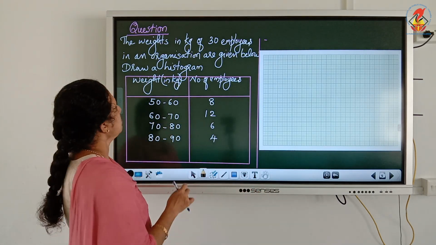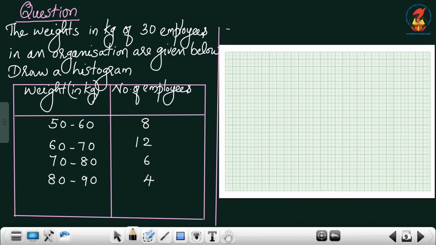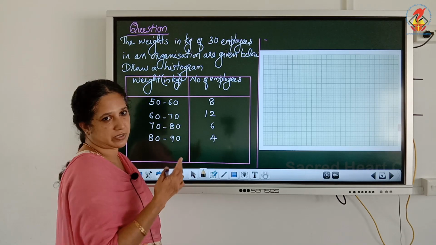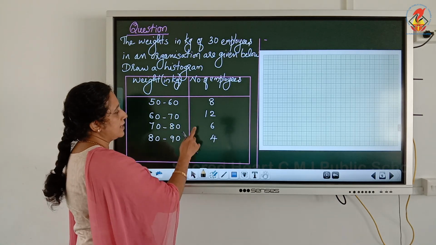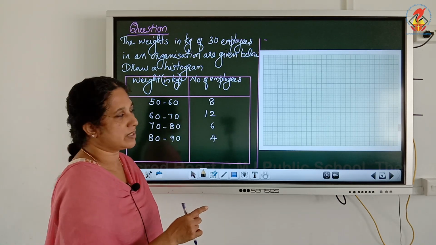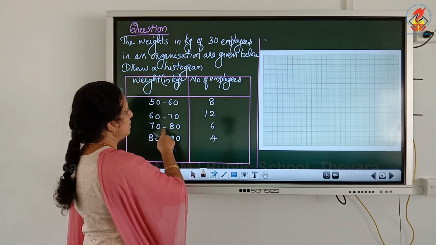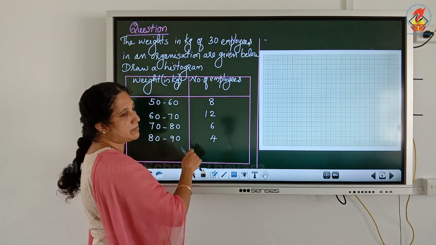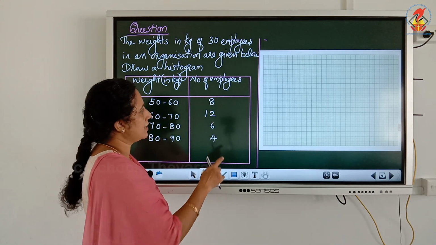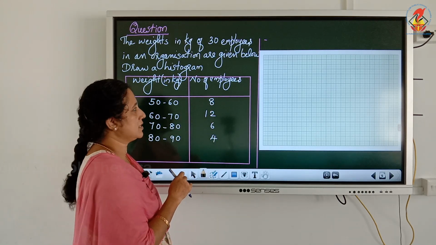Now one more question. The weights in kilograms of 30 employees in an organization are given below. Draw a histogram. Look, the class intervals are given. What is the meaning of that? It is a grouped frequency distribution table. The data is divided into different groups and the corresponding values are also given. That means weight is divided into different groups, and the number of employees belonging to each group is also given. That means the frequency is given.